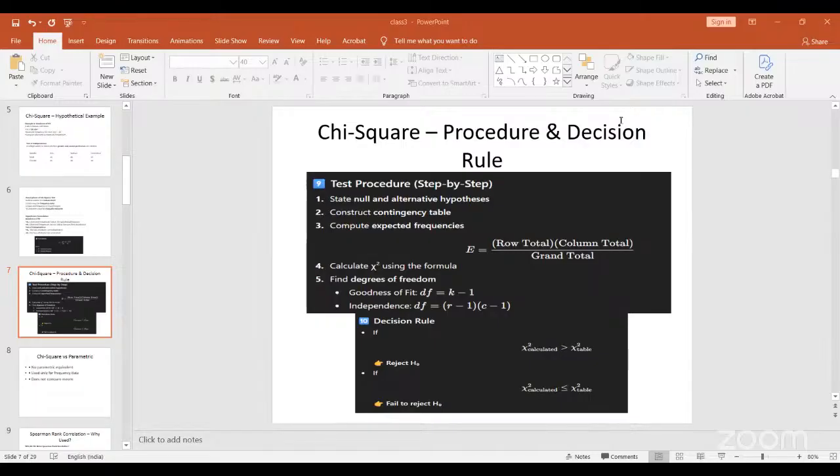But in homogeneity, we have multiple target populations. So what is fixed here? In the independence test, only the total sample size, that is the small n, is fixed. But in the homogeneity test, the sample size of each group is fixed. Like I have mentioned, 200 men and 200 women. The sample for each group is fixed here.